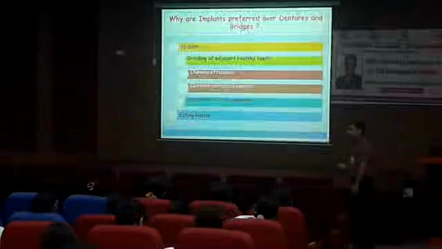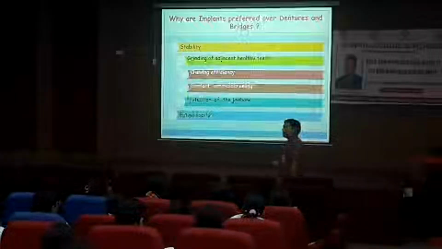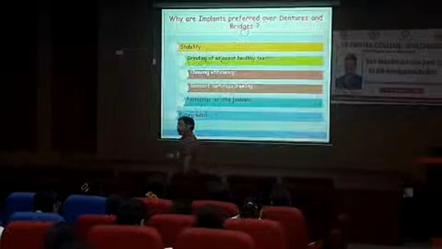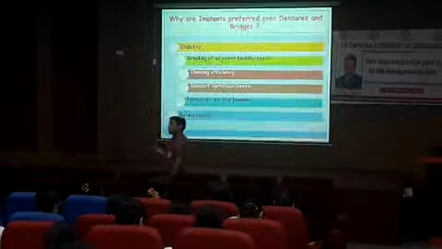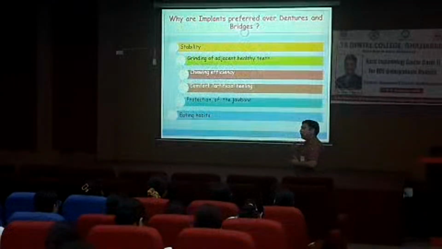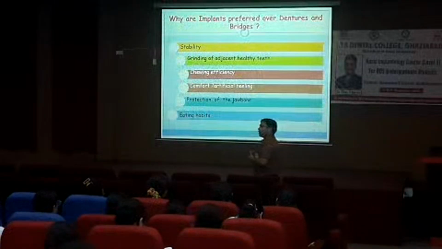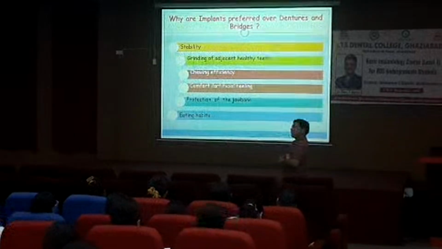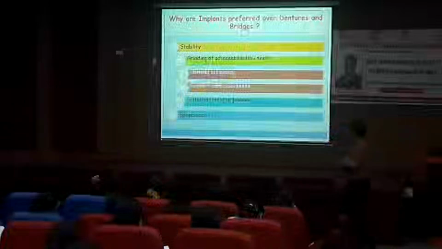Then we come to why the implant is preferred over the denture and the bridge. The first and most important is stability. If you don't get the stability with the help of RPD or the denture, the implant is the best option. Second, if you are putting a zirconia crown above and the denture with acrylic, there is wear and tear of the adjacent healthy teeth.